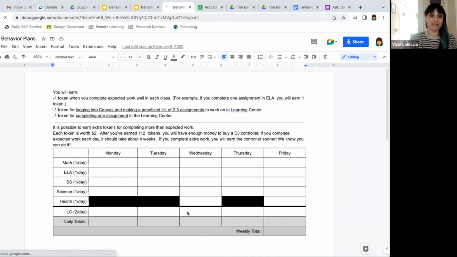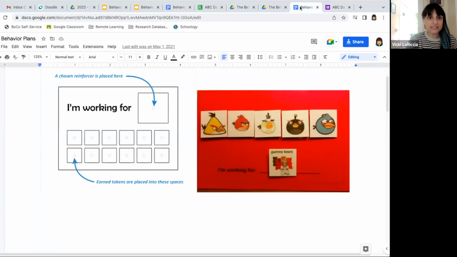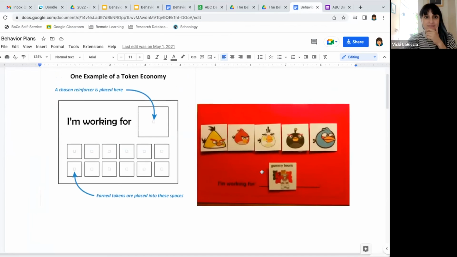That would be for a student who can handle that kind of thing, and they can see a week into the future and anticipate that. But some students, I don't know where the token economy one is. Oh, it's this one. They need to earn some sort of positive reinforcement or reward for the behavior we're expecting from them very frequently. So that's where the token economy might come into place.